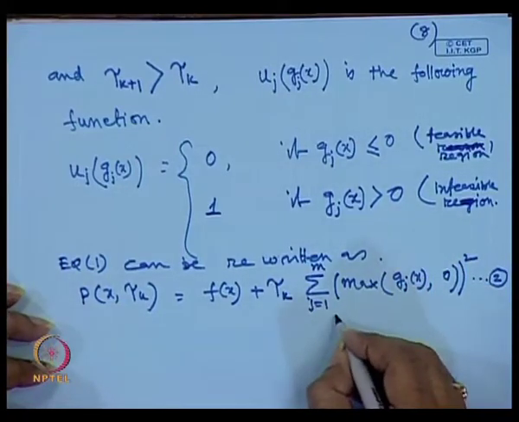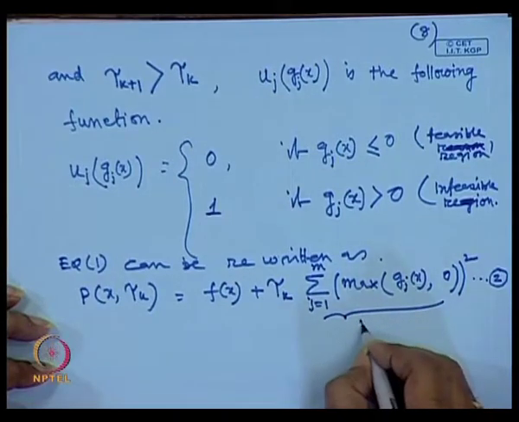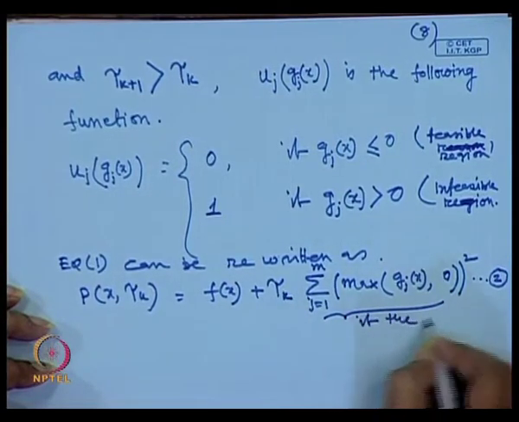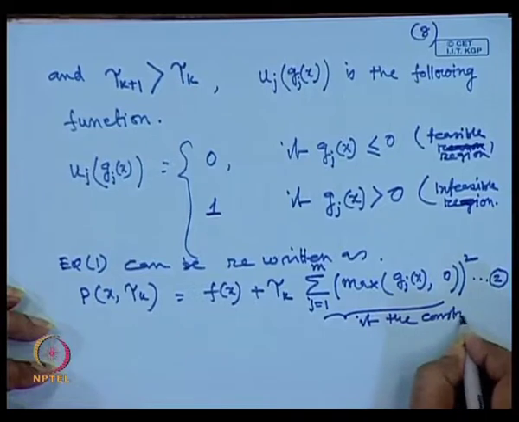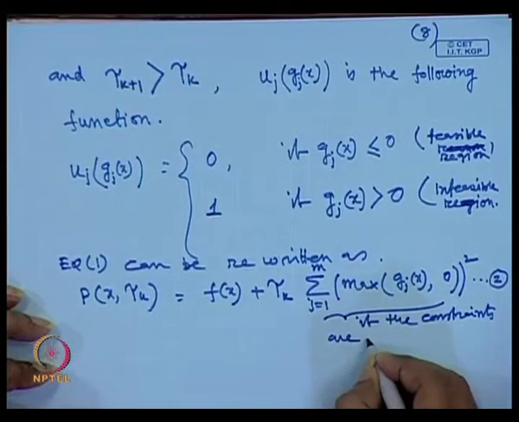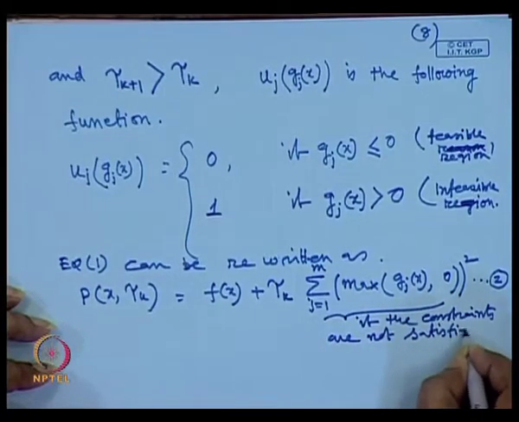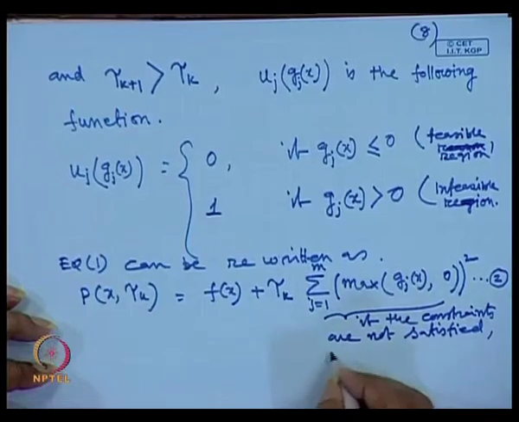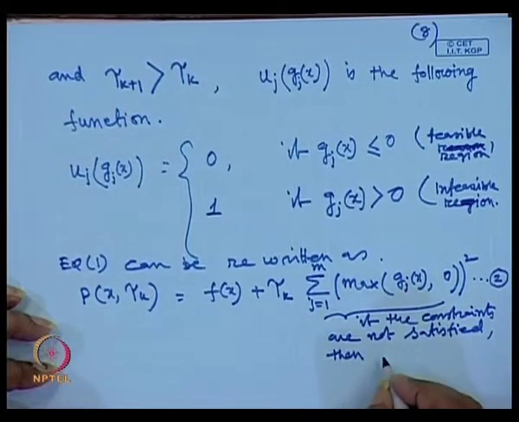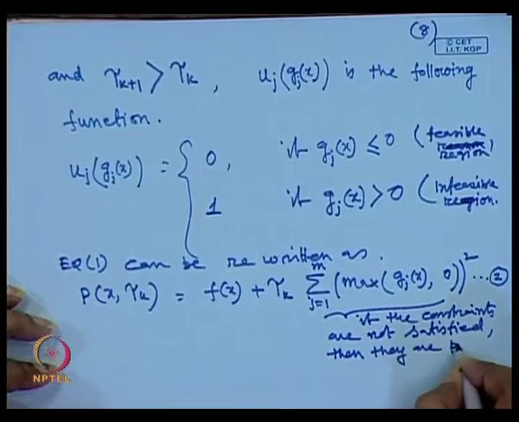So, we can write this: if the constraints are not satisfied, then they are penalized.